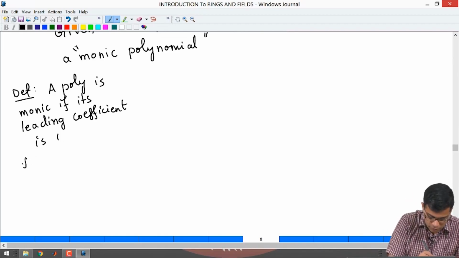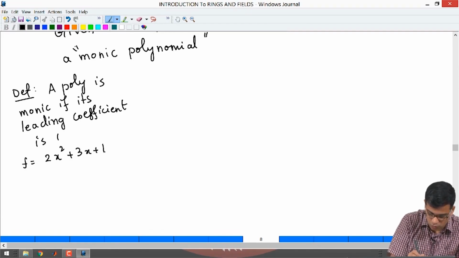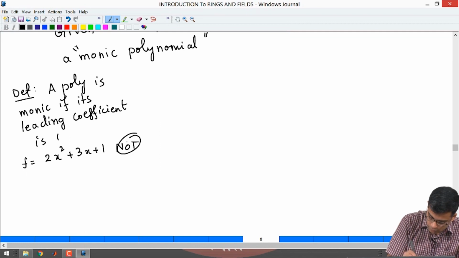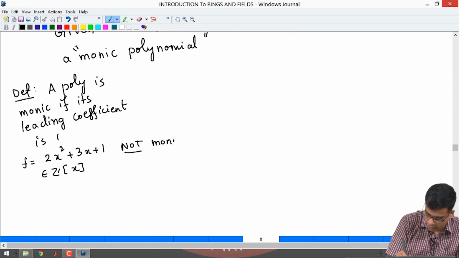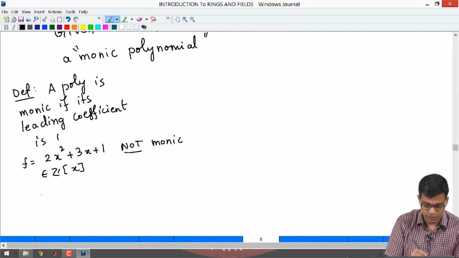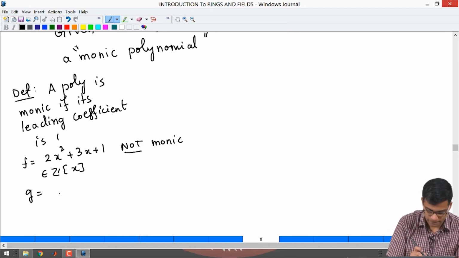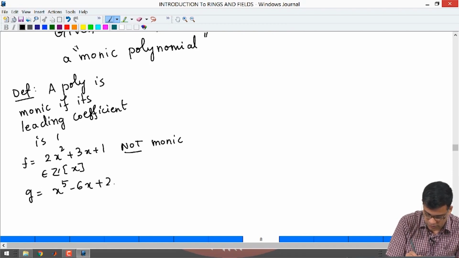So, for example, f equals 2x^2 plus 3x plus 1, let us say, inside Z[x], is not monic, right. Its leading coefficient is 2. On the other hand, g is x^5 minus 6x plus 2, which is monic.